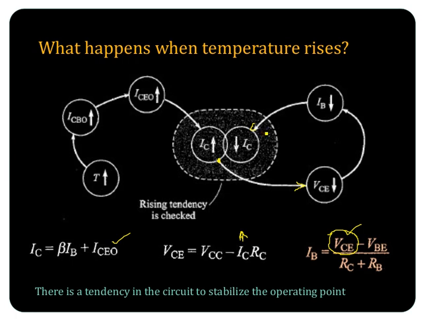So there is a mechanism in this circuit because of which the collector current is not allowed to increase rapidly, or there is a tendency in the circuit to stabilize the operating point at the same VCE and IC even if temperature changes. Once you have fixed this operating point, as temperature changes, it is still stabilized at that operating point. IC is not varying much even when temperature changes.